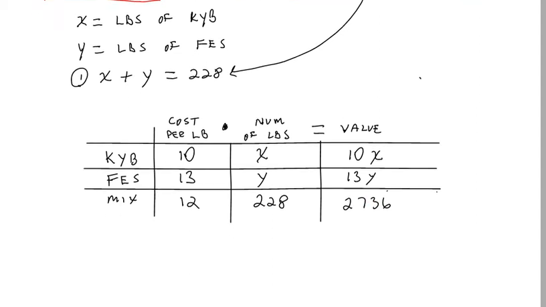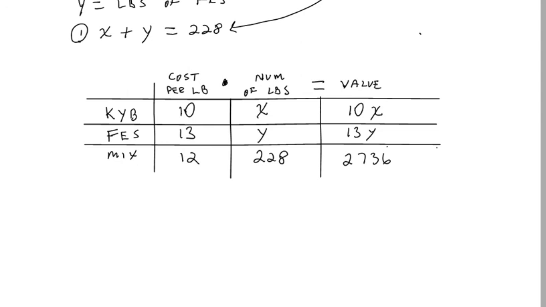Now we're going to use this information to come up with a second equation. And the key to that is to know that if you take the value of the Kentucky Bluegrass plus the value of the fescue, those add together to give you the value of the mixture. So what we're going to do is add these two, and it has to equal the value of the mixture.